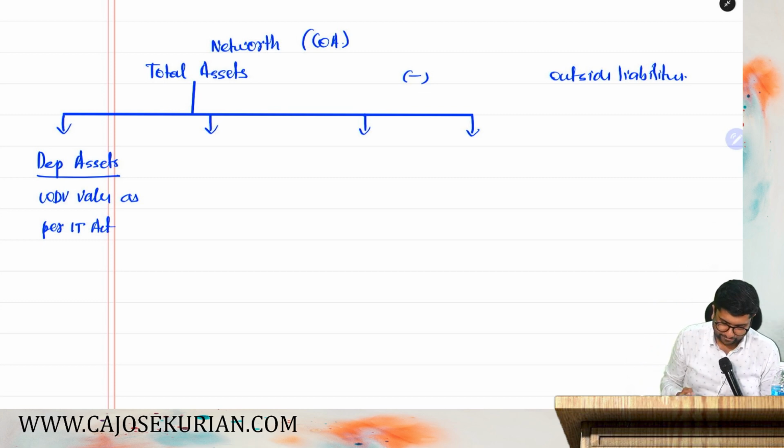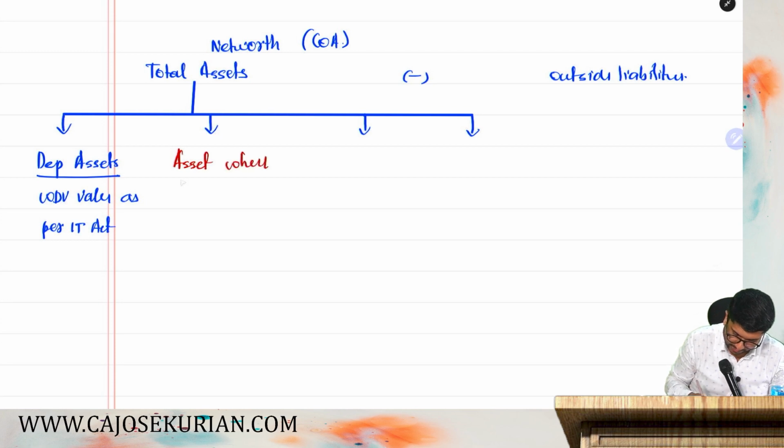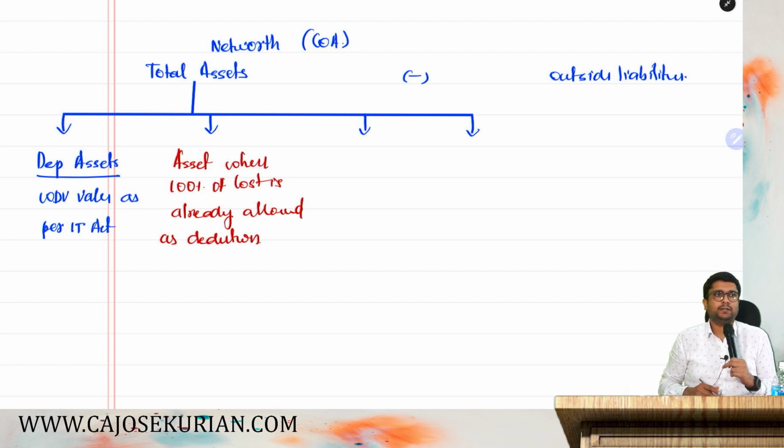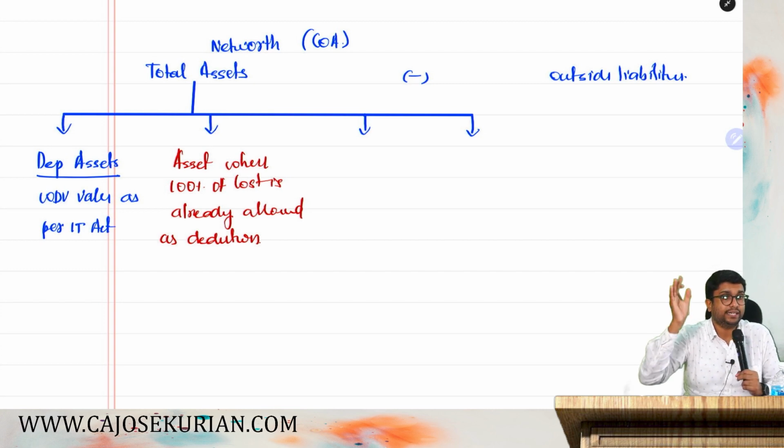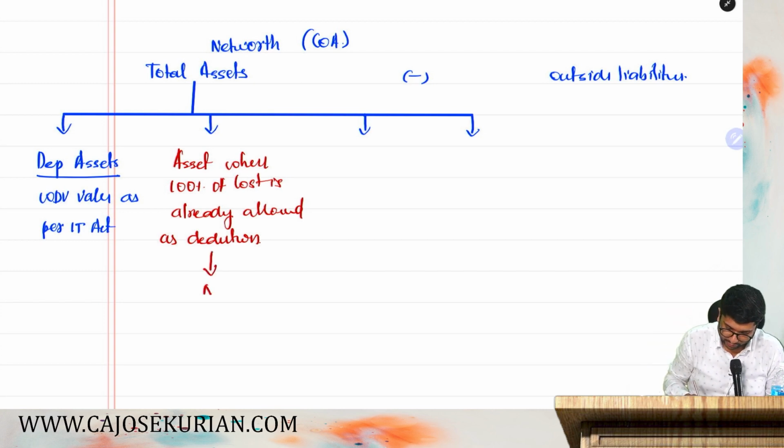Then, if it is an asset where 100% of the cost is already allowed as deduction, then you take nil value.